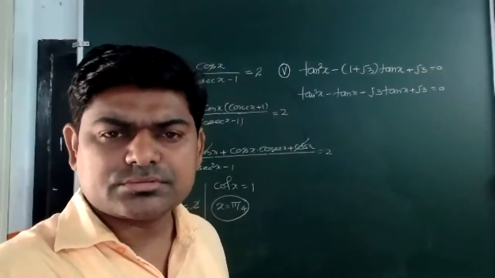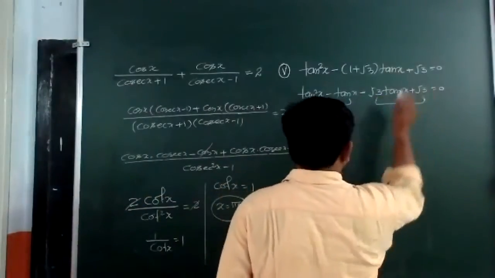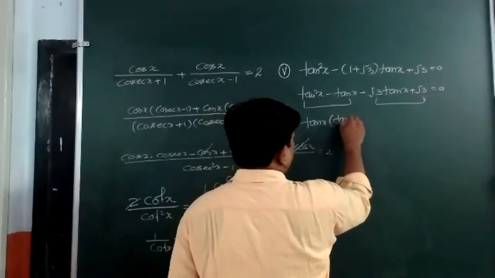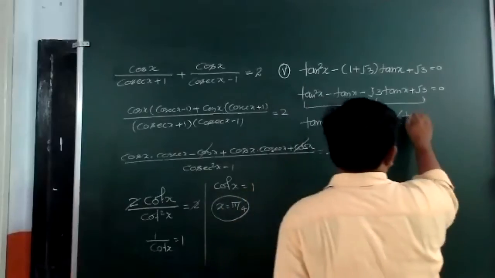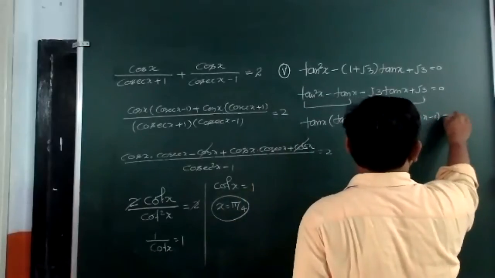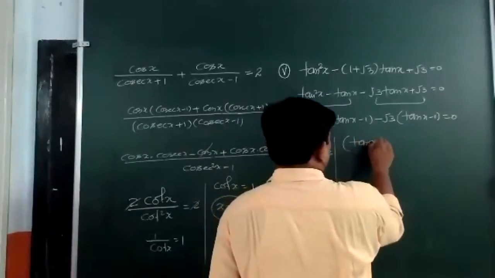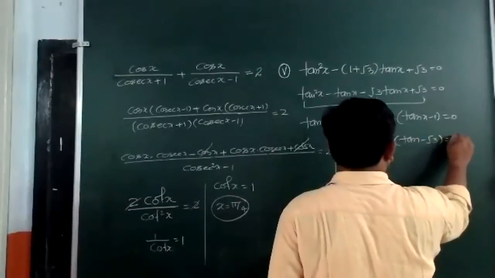If I take tan x common from these two, it will be tan x minus 1. When I take minus root 3 common from the other two, it will be tan x minus 1, equal to 0. When I simplify, it will be tan x minus 1 into tan x minus root 3 equal to 0.